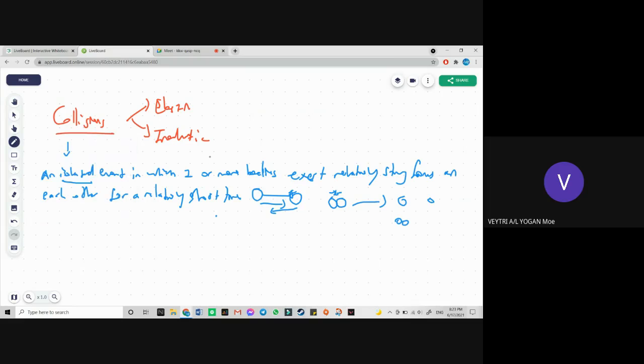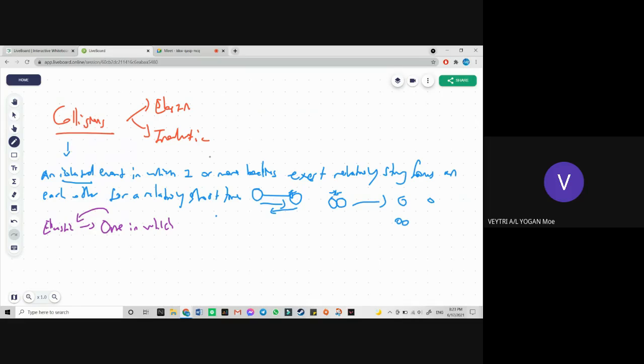Now, let's move on to the specific definitions, okay, of elastic and inelastic collision. Now, when we're talking about elastic collision, it's defined as one in which, okay, one ni merujuk kepada collision tadi, elastic collision.